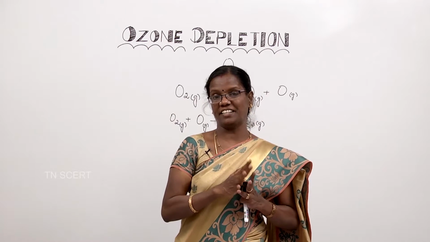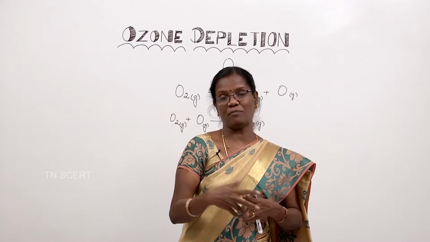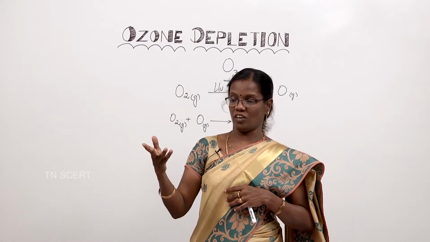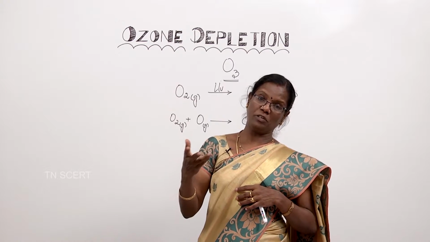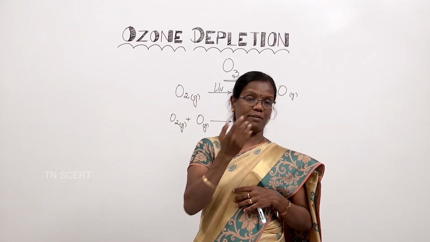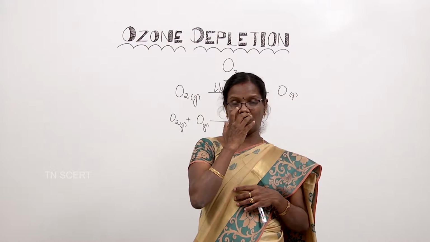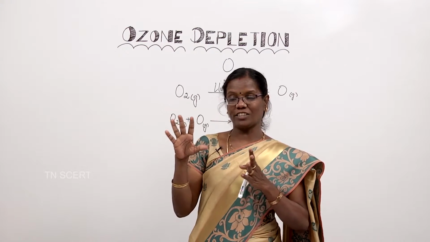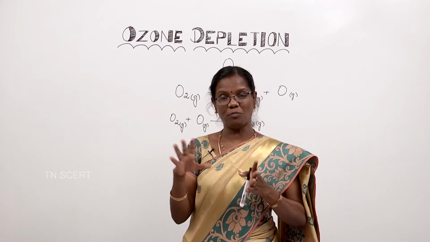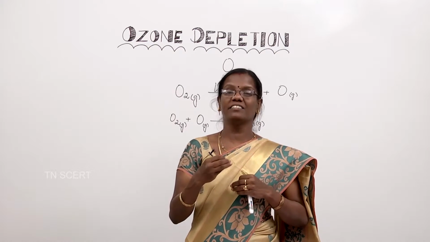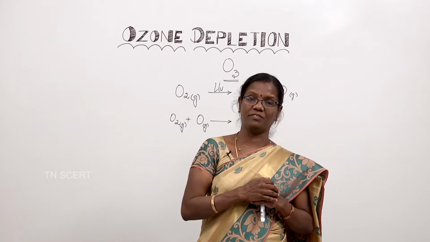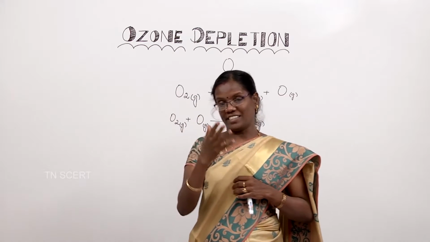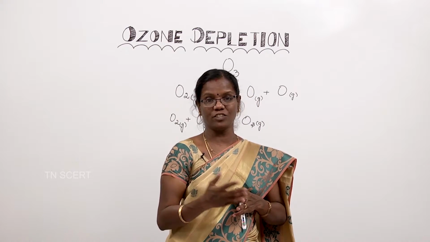Oxides of nitrogen. See, from where we get these oxides of nitrogen, how these oxides of nitrogen are produced and how they enter into the atmosphere. Have you thought of these things? Yes, these oxides of nitrogen are formed from the substances that we use in our day-to-day life. See, we use super fast supersonic jet planes, is it not?